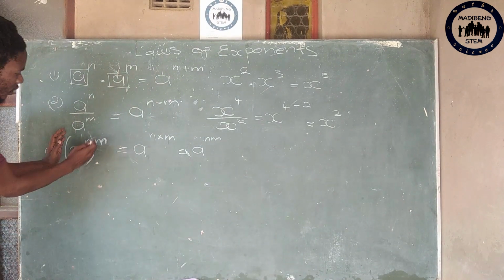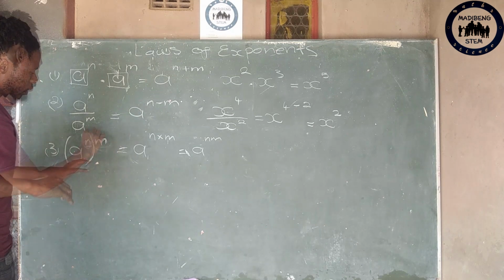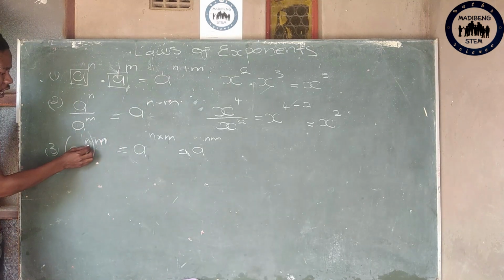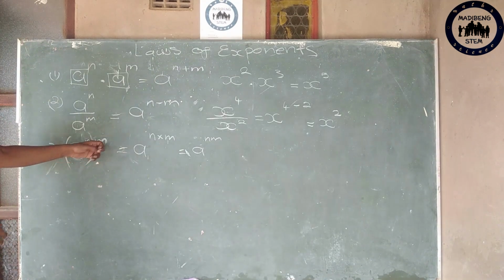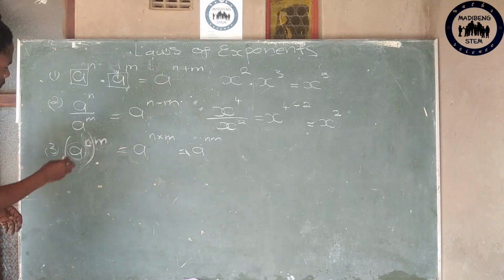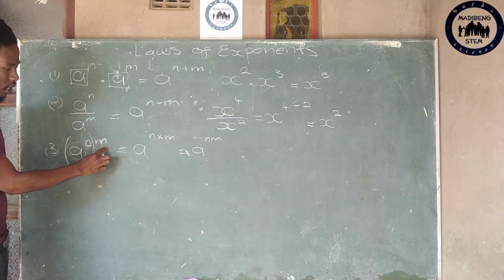So whenever we have these brackets, you multiply the exponent of your base with the outside exponent.